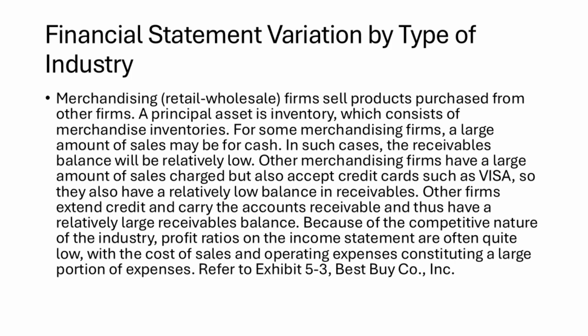Other firms extend credit and carry the accounts receivable and thus have a relatively large receivables balance. Because of the competitive nature of the industry, profit ratios on the income statement are often quite low, with the cost of sales and operating expenses constituting a large portion of expenses. Refer to Exhibit 5-3, Best Buy Company, Inc.